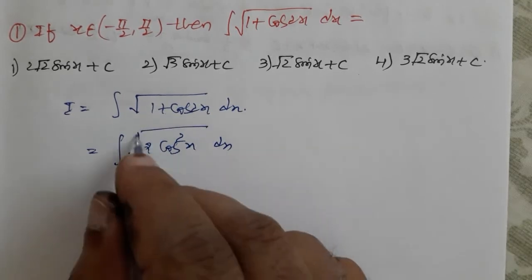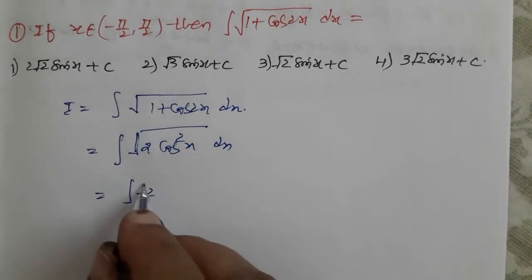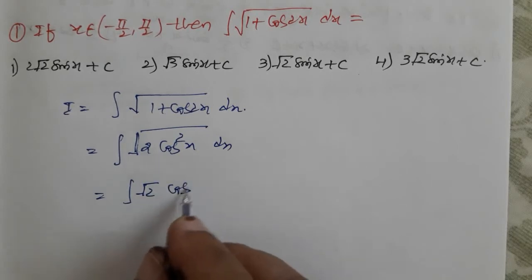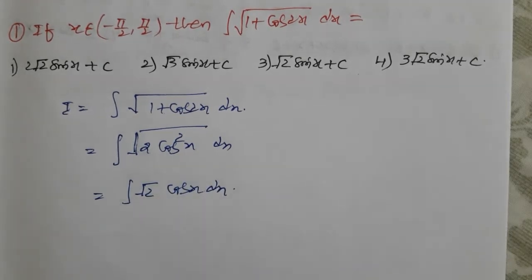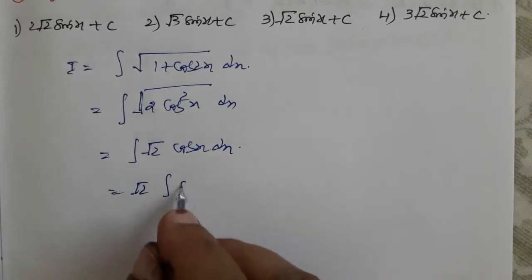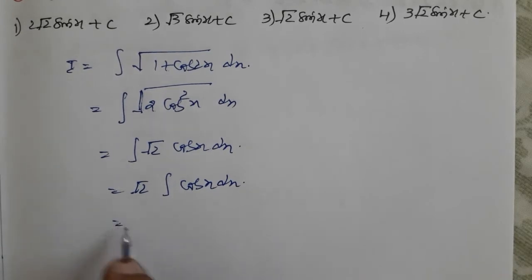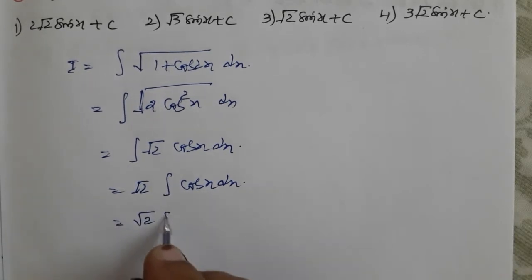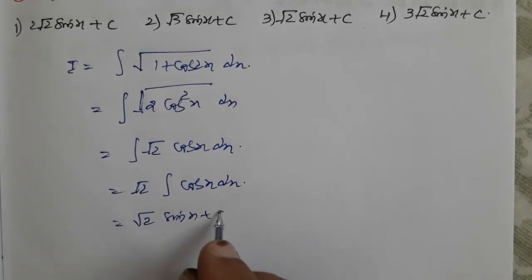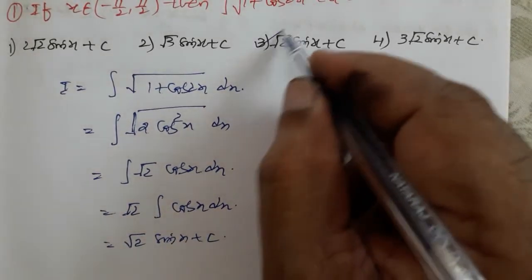Let us apply the square root function: square root of 2 cos x times dx. Square root of 2 is the constant value, so root 2 times integral of cos x dx. The integral of cos x is sin x, so sin x plus c. Clearly, the option is the third option.